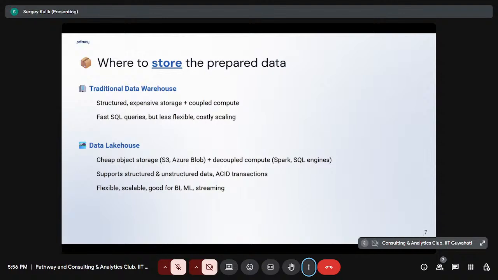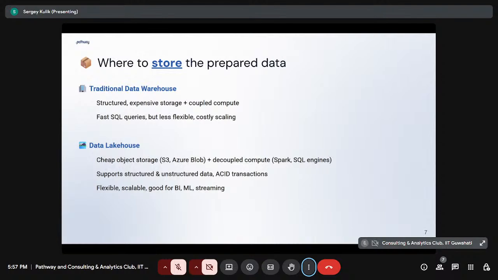So there is a thing which is called Delta Log in, for example, Delta Lake, which I would refer to as an exemplary data lakehouse. There is also, for example, Apache Iceberg. So there are several solutions that have a similar paradigm, but just to be more concrete, let's speak about Delta Lake.